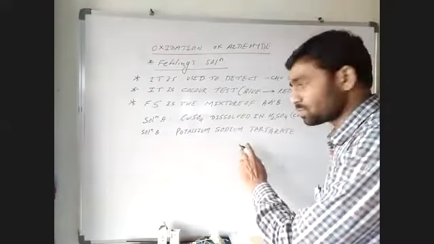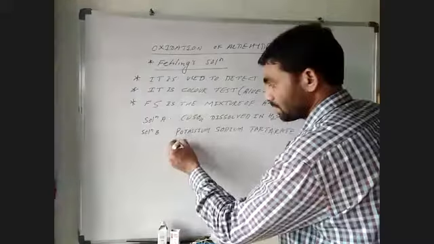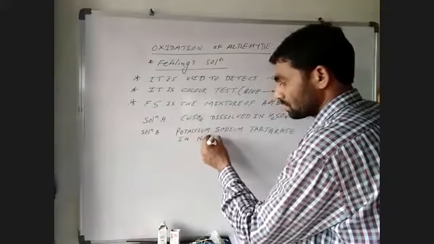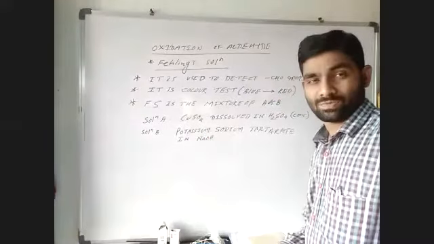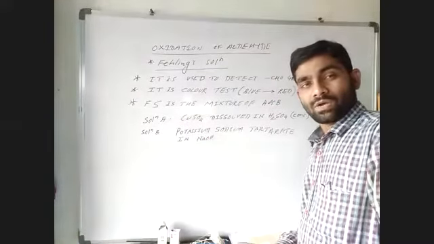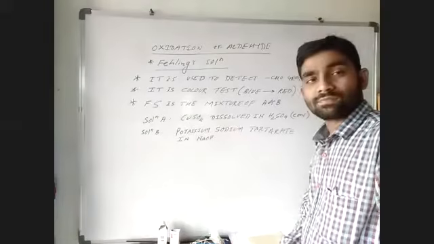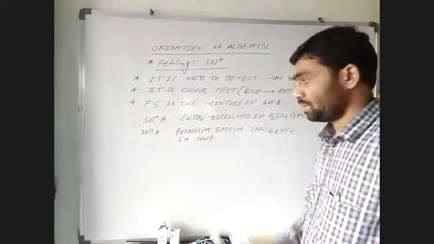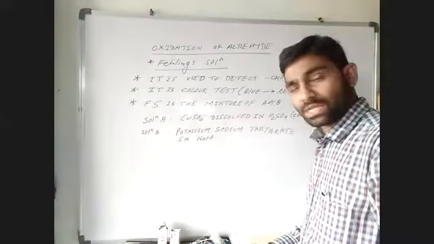So potassium sodium tartrate in NaOH. This is solution A and solution B. When you mix these solutions, that becomes Fehling's solution. So let us go for the next point.